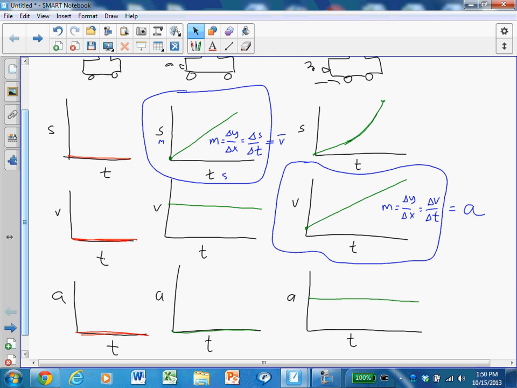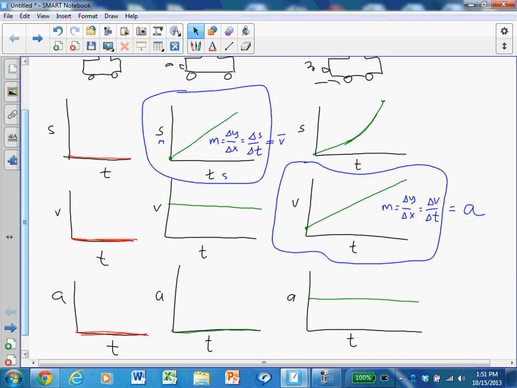You can say it with me now. The slope on a velocity versus time graph is the acceleration. So if we want velocity and we have a position versus time graph, take the slope, you'll get the velocity. If you want acceleration and you have a velocity versus time graph, take the slope on that graph and you'll get acceleration.